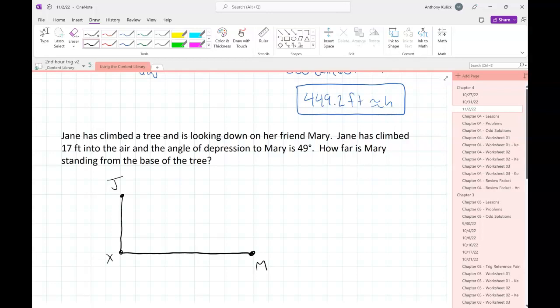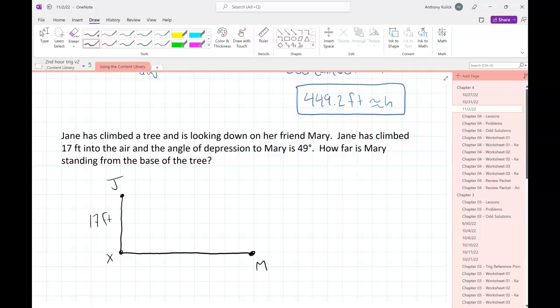So there's Jane up in the tree. There's Mary down on the ground. Says Jane has climbed 17 feet into the air. Where does that 17 feet go in our picture? JX, right?